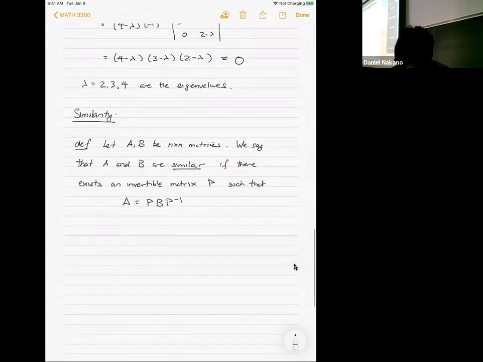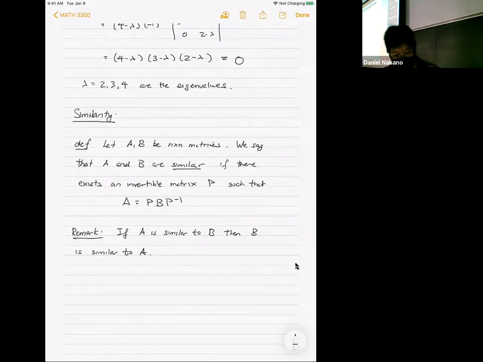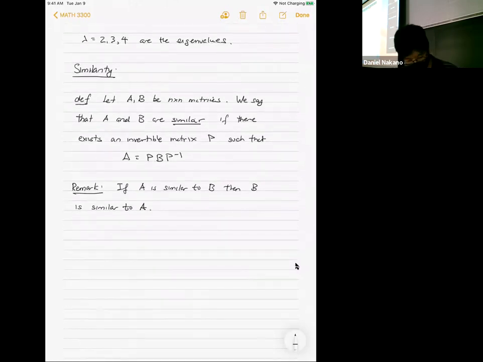Maybe I'll make a remark: if A is similar to B, then B is similar to A. Just replace P by P inverse.